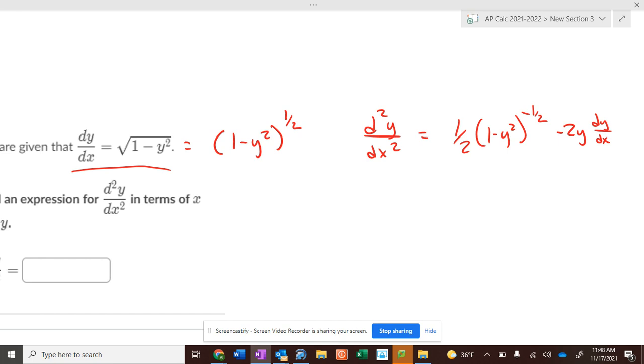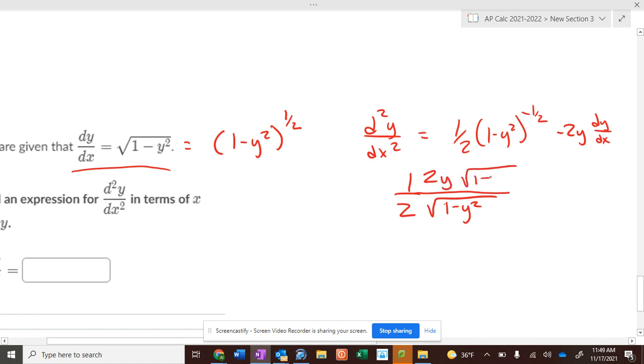Now, we know what dy/dx is. So this is 1/2, and we get the square root of 1 minus y squared. It goes to the bottom, with its 1/2 power inside the square root. On the top, we have negative 2y, and then we have dy/dx, which is the square root of 1 minus y squared.